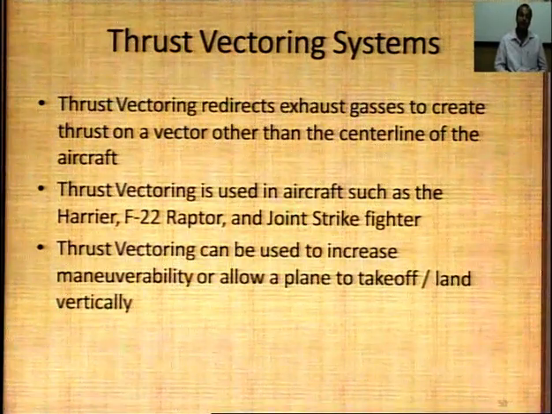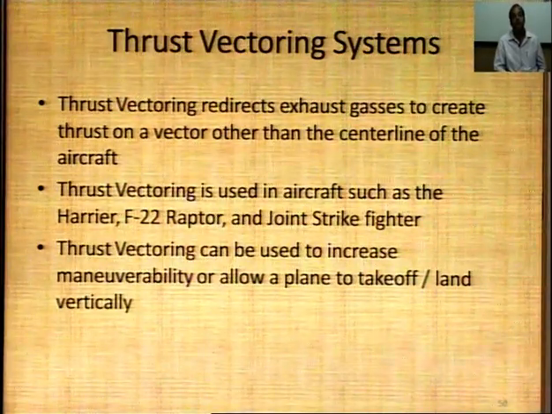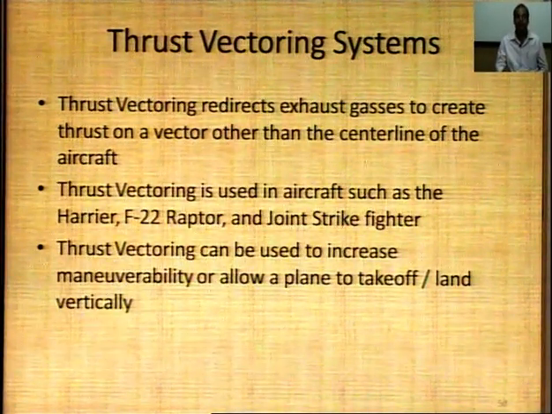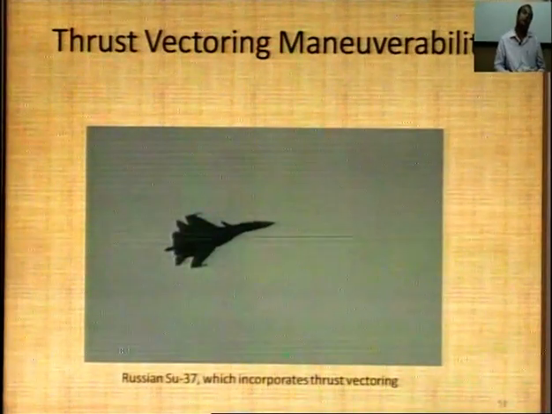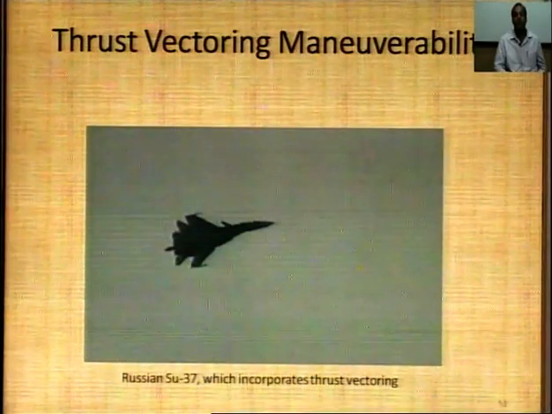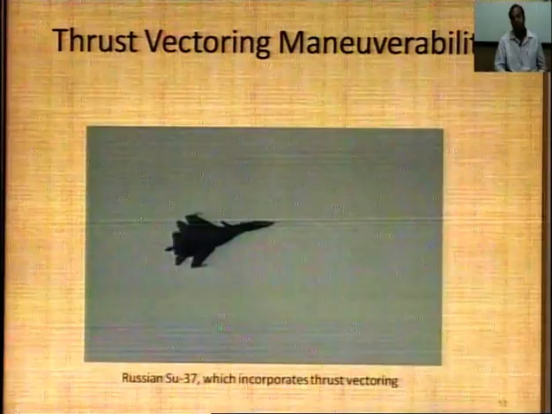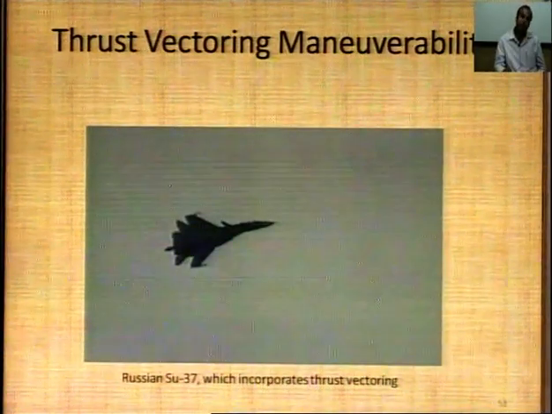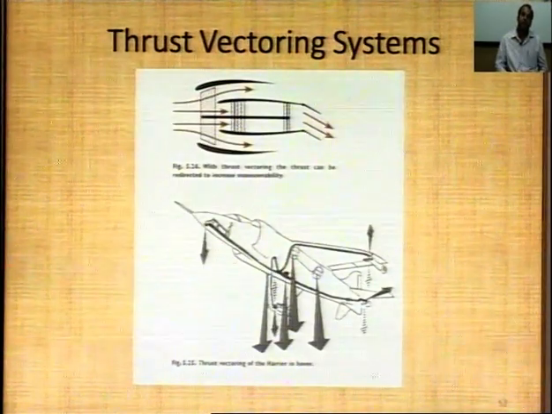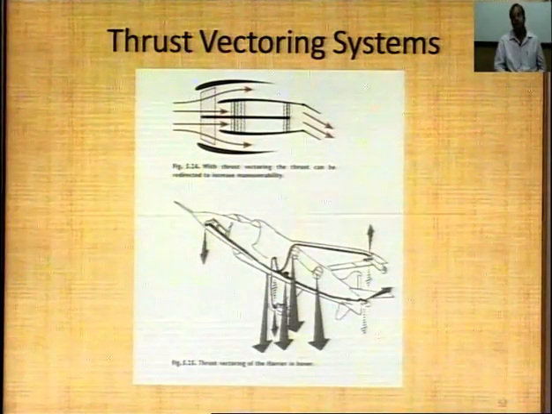and vertically. It is a very important point used in jet engines. Let me discuss the example of this. For example, this is a Russian Su-37 which incorporates thrust vectoring. This is a thrust vectoring system.